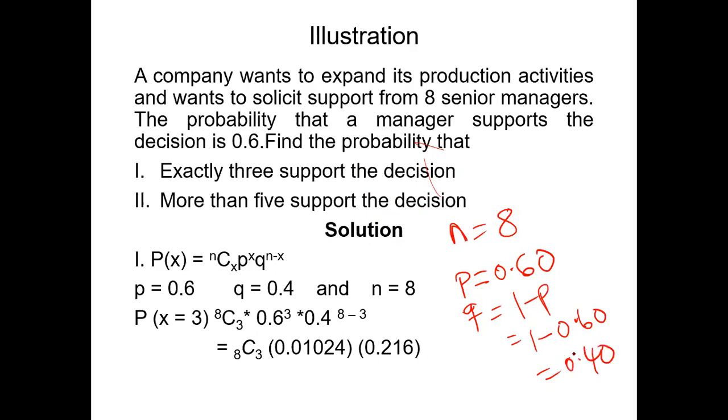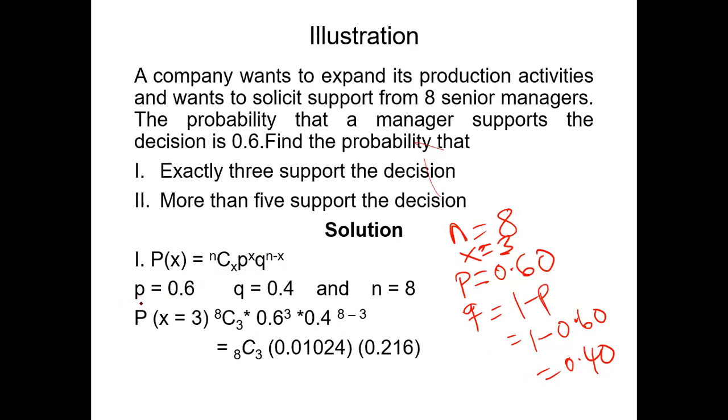If 3 support the decision, it means that you have 3 successes, because the probability of success is the probability that they support the decision. The number of successes is depicted by X, so X is equal to 3. Per the formula, we have n combination X, P raised to the power X, Q raised to the power n minus X.